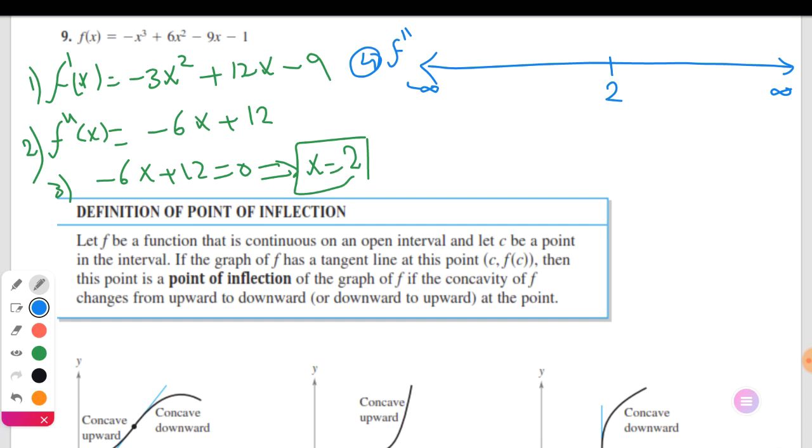Fifth step, test value. I'll choose 1, which is less, and 3, which is bigger. Replace in the second derivative.